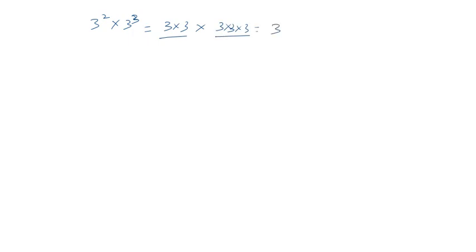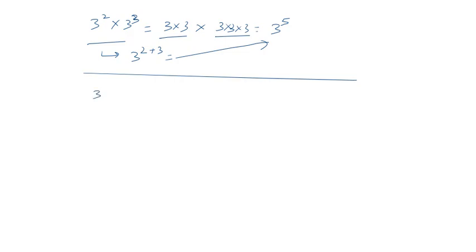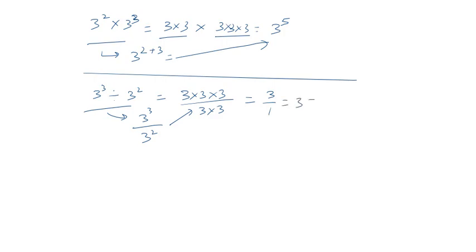What is the total? And if we go by the rule, it will also be the same. Next, let's consider division. We can write this term as 3 cube by 3 square. After some cancellation, it becomes like this, where whenever a number has no power, the power is by default 1.